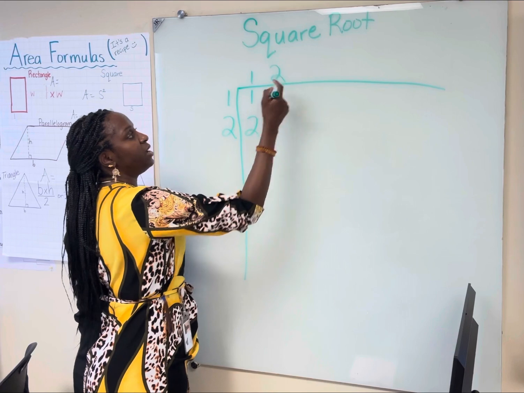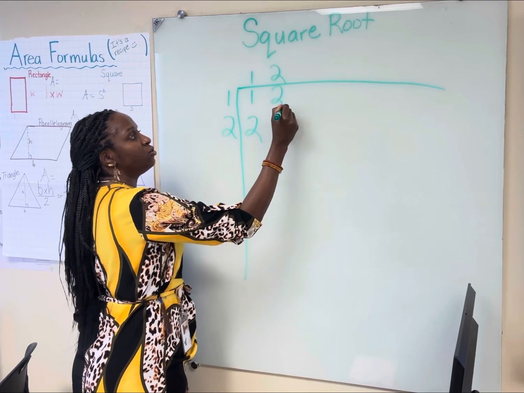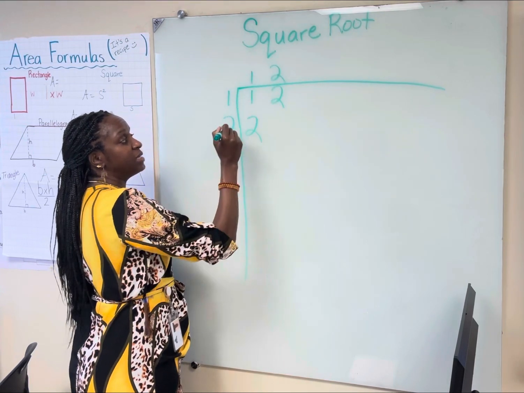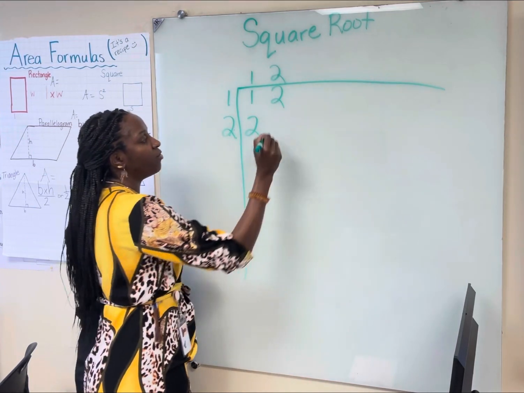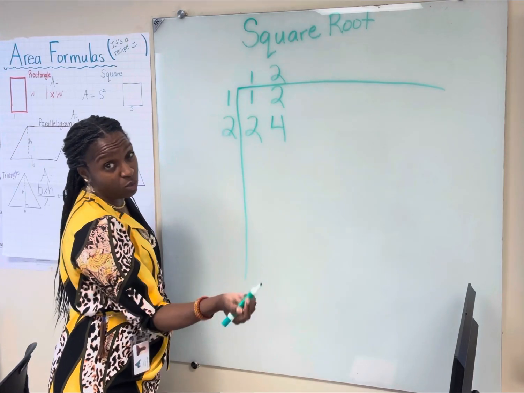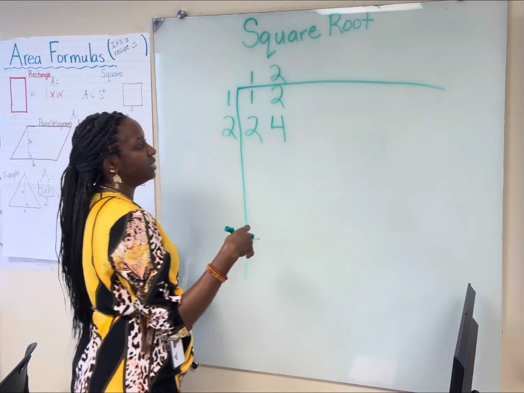If there were a 2 here, 2 times 1 is 2. But now we get to our first perfect square, which is 2 times 2, the number times itself, which would be 4. We know 1 times 1 is also 1, but anything times 1 is itself.